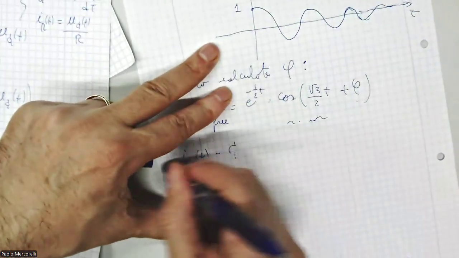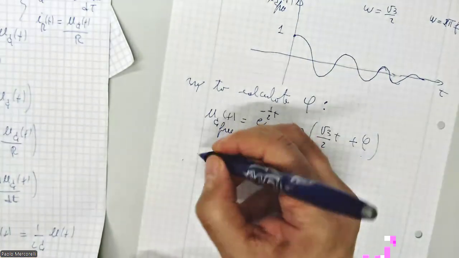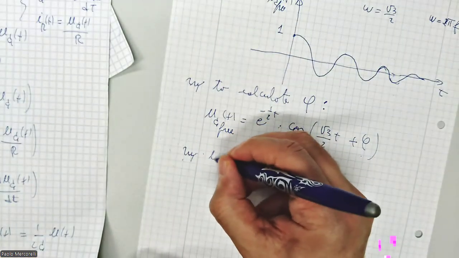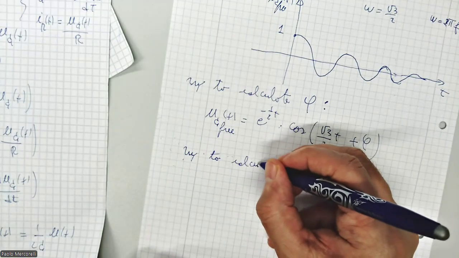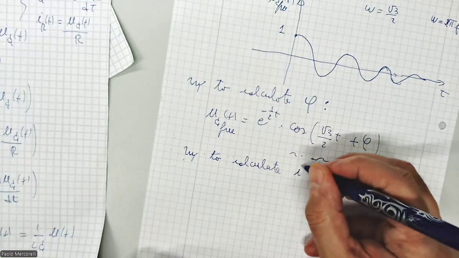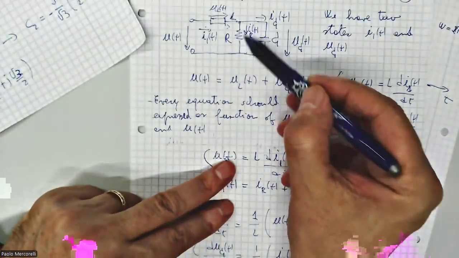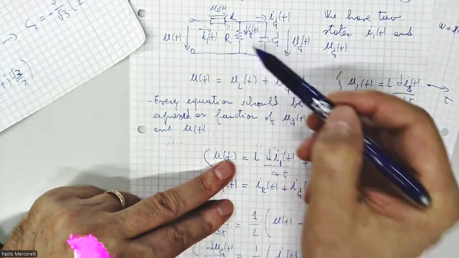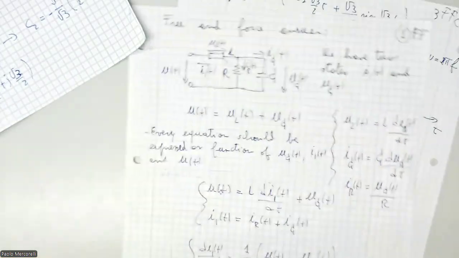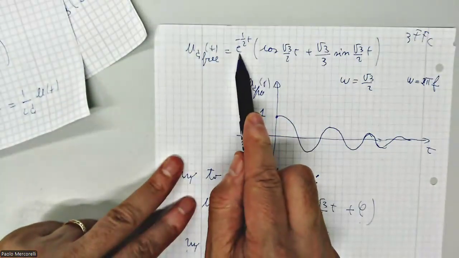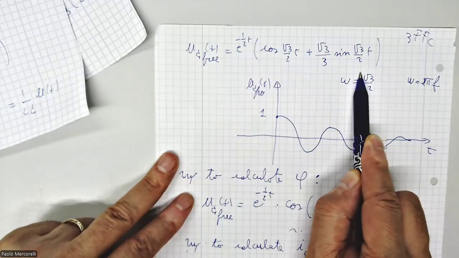Let me formulate another exercise. Try to calculate EC, for instance. To calculate IR is extremely easy, because it's exactly what I have divided by R. This means it is enough to divide this expression by R, and we have IR.